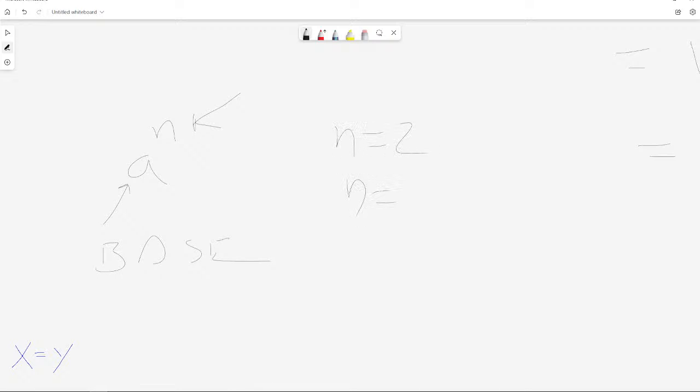When n equals 3, we say that's cubed. Try and work on memorizing the squares of integers up to 15. So 1 squared is 1, 2 squared is 4, 3 squared is 9, 4 squared is 16, 5 squared is 25, etc. up to 15.